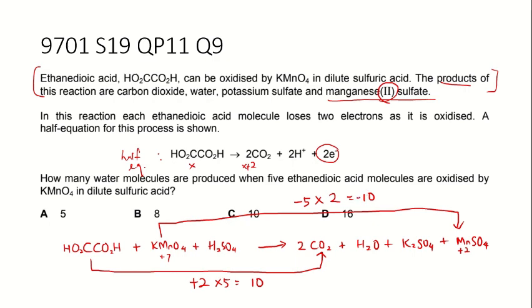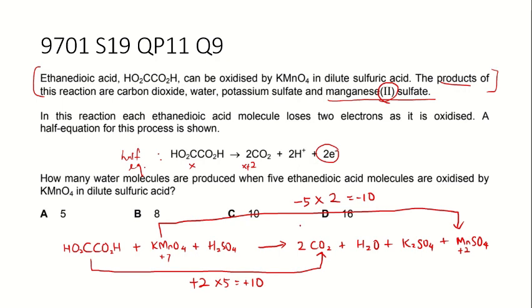We can ignore the sign because we just want the same magnitude. Minus 10 plus 10 means 1 donated 10 electrons, the other one accepted 10 electrons.